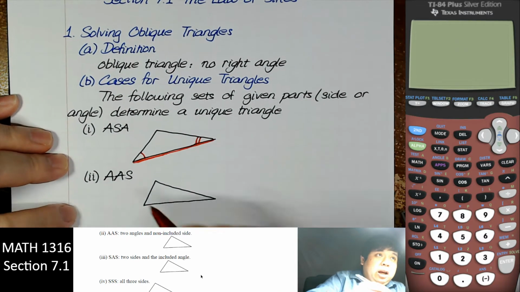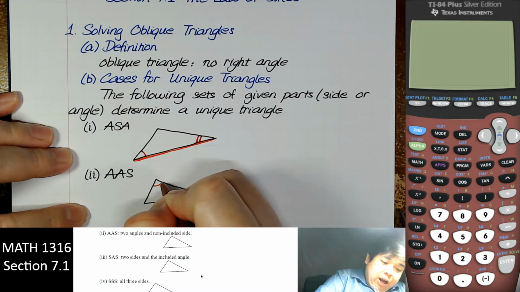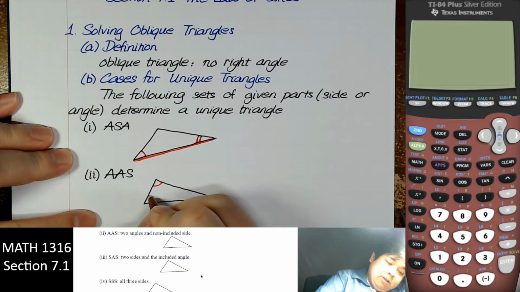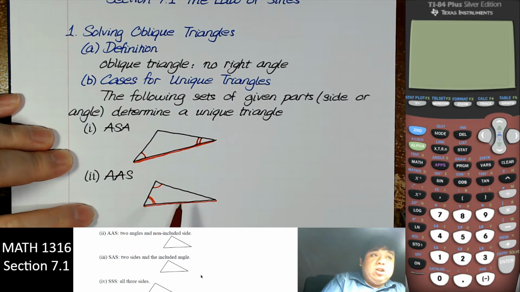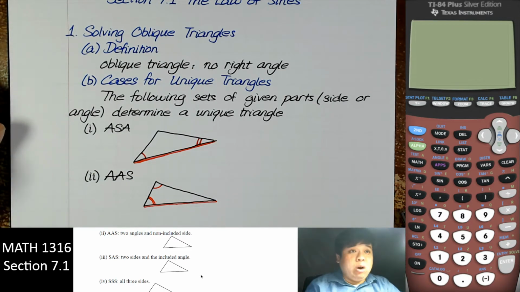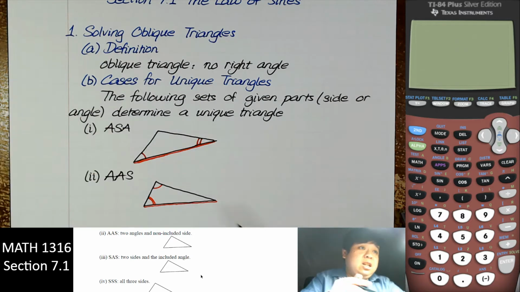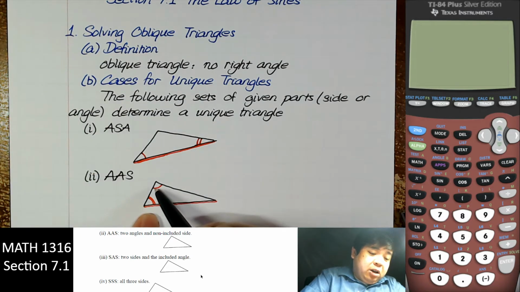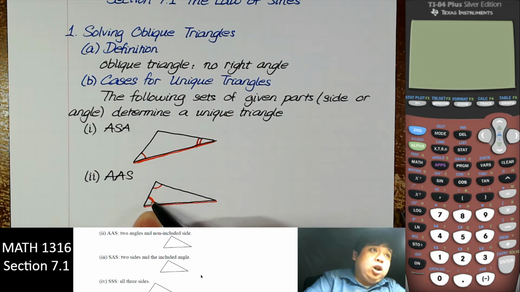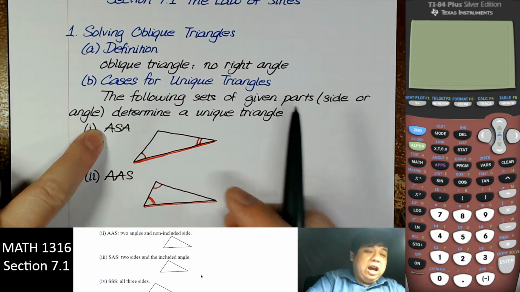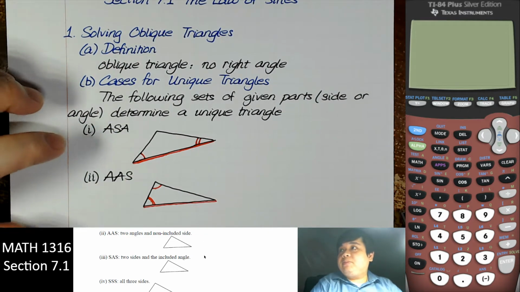We may also be given 1 angle, another angle, and then a side. When we have these 3 pieces of information, we have a unique solution as well. This is very easy to see, because all 3 angles add up to 180 degrees. If we know 2, we certainly know the third as well. So when we know the side and the angles, that is just angle side angle.